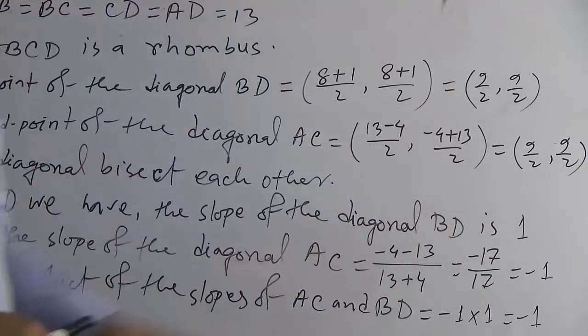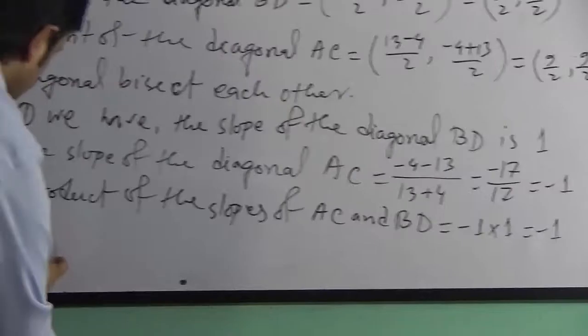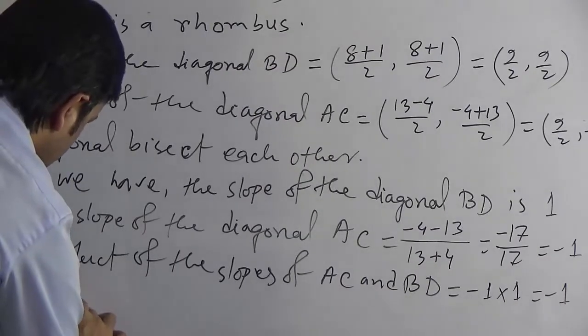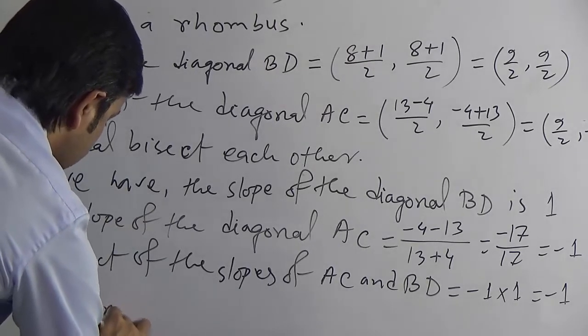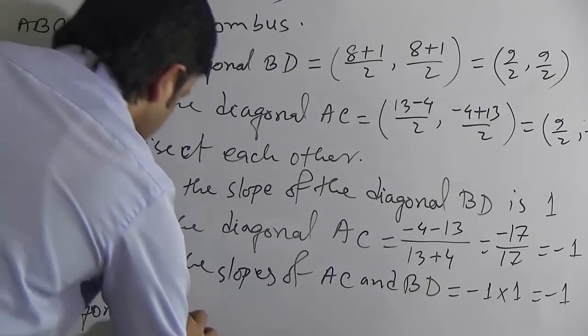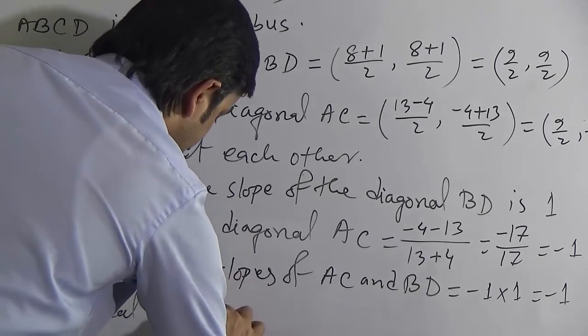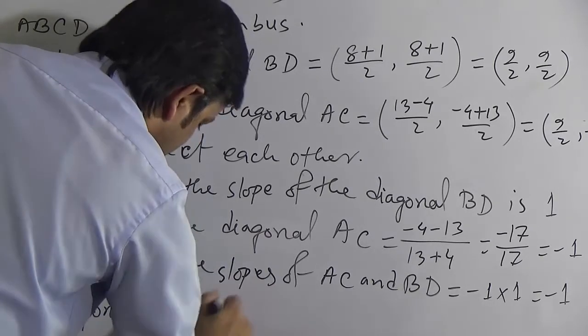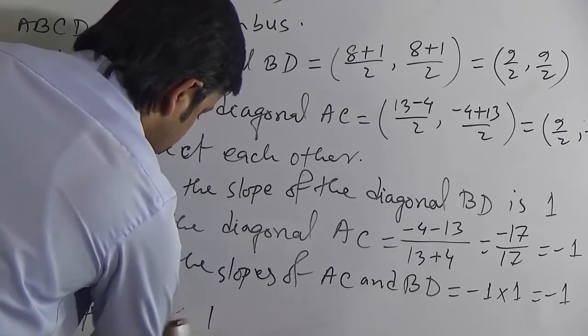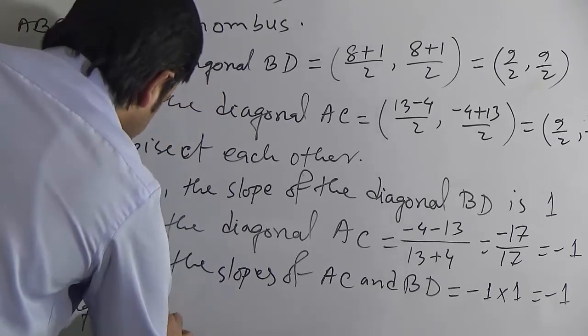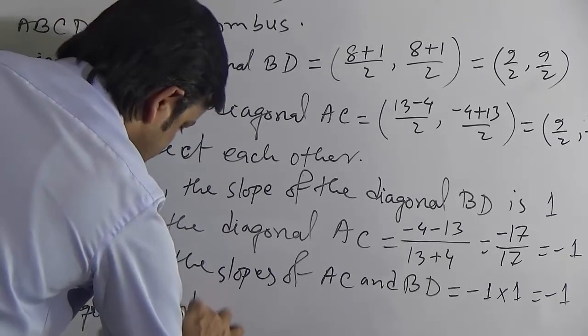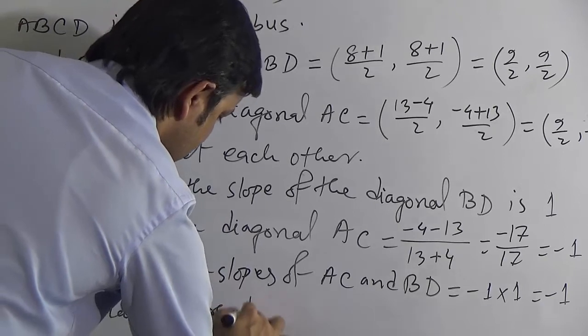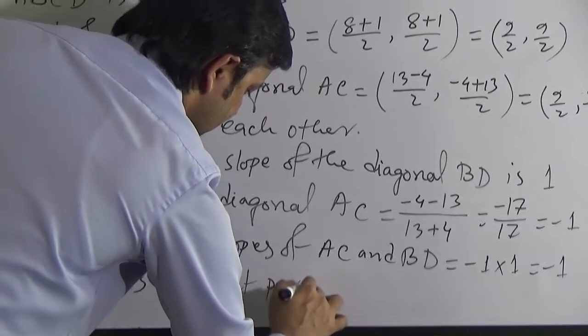It means that AC and BD are perpendicular to each other. Therefore, the diagonals intersect perpendicularly.